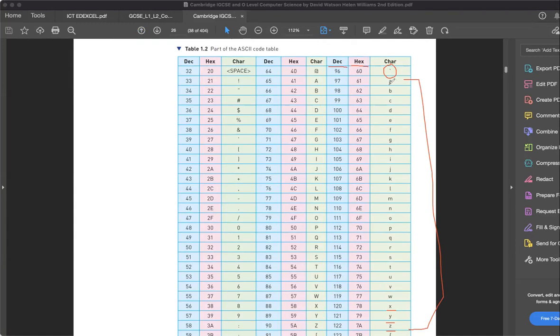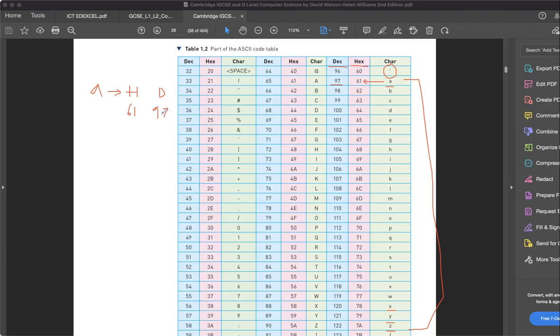So for small a, the hexa value is 61 and the denary value is 97. A has two values, hexa and denary. The value of hexa is 61 and the value of denary is 97.